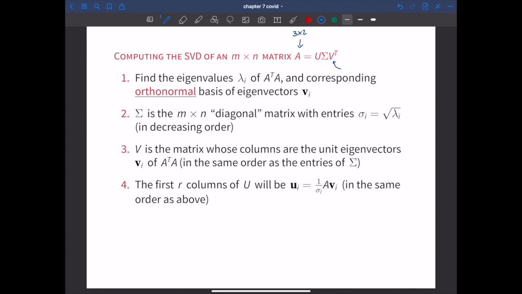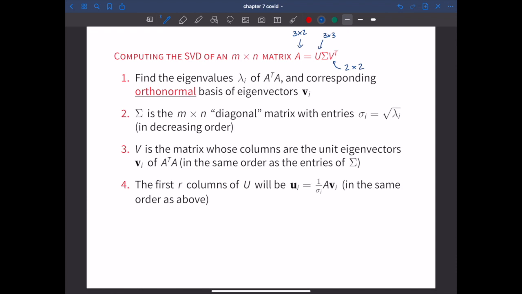Sorry, we're going to have 2 eigenvectors for the columns of V. And so we can plug these 2 vectors into this formula, and it's going to give us 2 columns for the matrix U. But the problem is the matrix U is a 3 by 3 matrix. So in this case, we would need to find one more column for the matrix U.